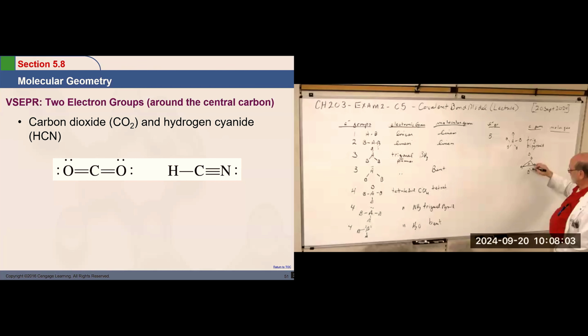And so you would form it like that. Can you visualize that? Maybe you need a model. So this would still be a trigonal bipyramid. And all along, we're just trying to minimize repulsions. This is the most stable.